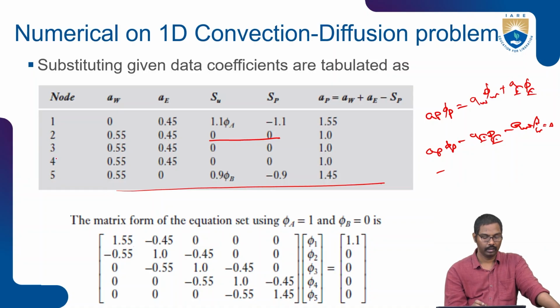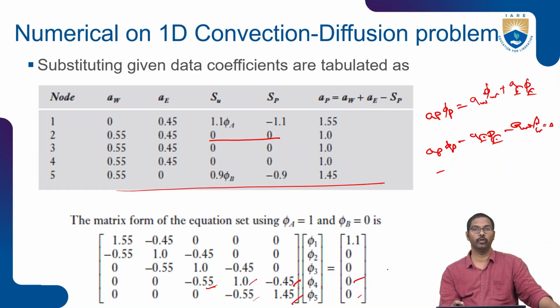Then node 3: AW minus 0.55, AP is 1 and AE is minus 0.45, and the constant is 0. Similarly, the fourth node: AW minus 0.55, AP is 1, AE is minus 0.45 and the constant is 0. And the last node: AW is minus 0.55, AP is 1.55 and the constant is equal to 0.